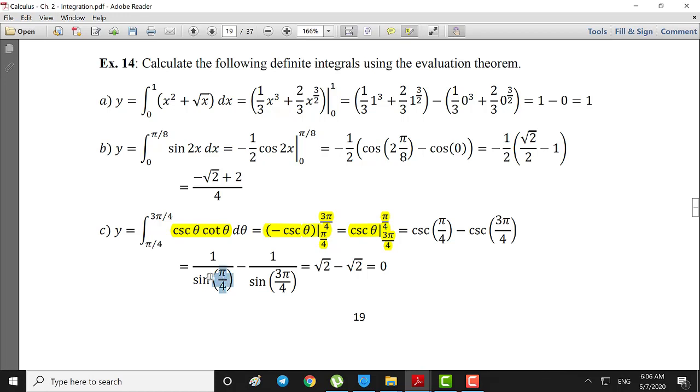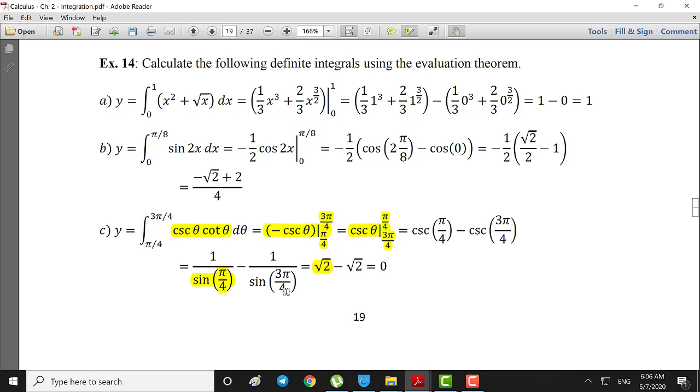Sine of pi over 4 is equal to what? It is equal to 1 over a square root of 2. So 1 over a square root of 2 becomes square root of 2. Sine of 3 pi over 4 is equal to what? 3 pi over 4 ends up in the second quadrant.